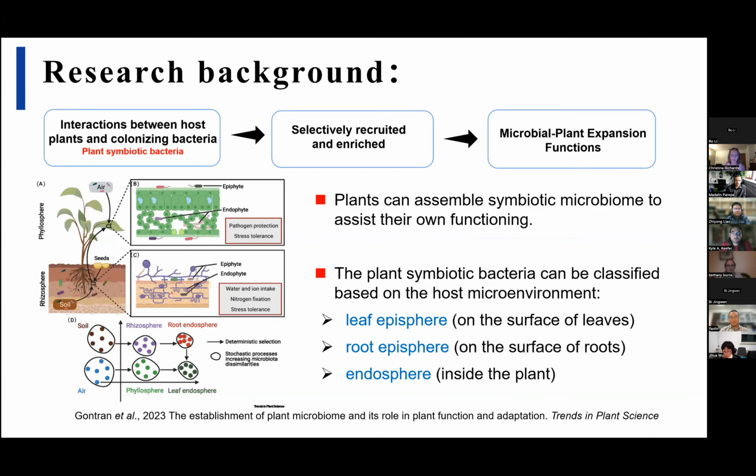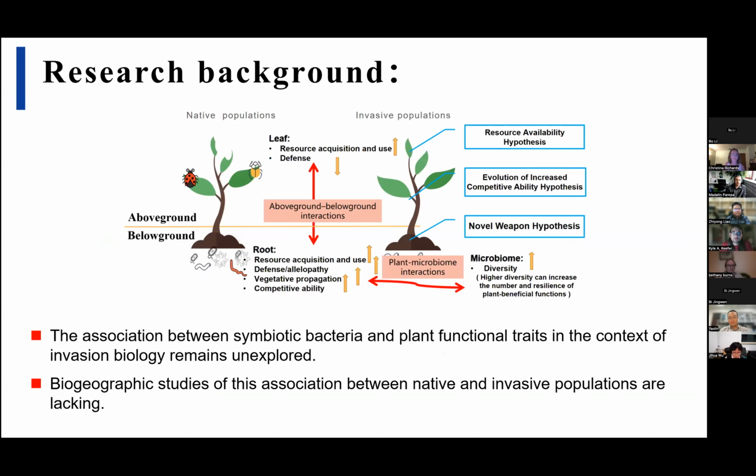Epiphytic, root epiphytic, and endosphere. Invasive species, the association between the symbiotic bacteria and the plant functional trait in the context of invasive biology remains unexplored.